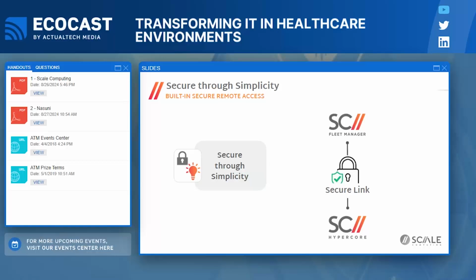SecureLink also eliminates the complexities and vulnerabilities associated with VPN setups. This offers a cost-effective and streamlined remote management solution that's built in. SecureLink provides secure, efficient, and hassle-free remote access to the HyperCore clusters, enhancing security while simplifying IT management.